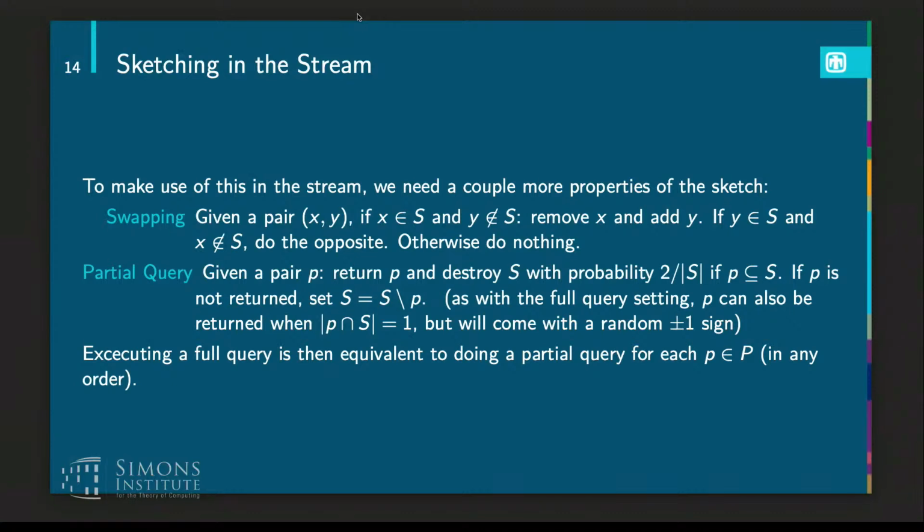So we have these two extra operations, and these are going to let us construct and use this sketch in a streaming fashion.